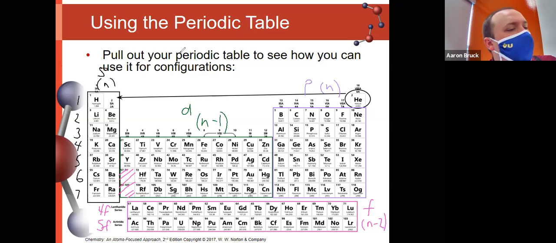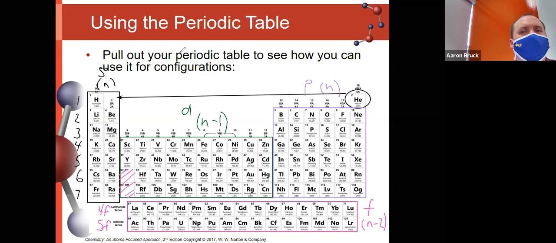Now, one word of note here, lanthanum and actinium, their actual position on the periodic table is somewhat debated. Some periodic tables will actually put lanthanum and actinium as elements number 57 and 89 here in the D block. Some will actually consider them the first of the F block and put lutetium and lawrencium, numbers 71 and 103, in that D block instead.